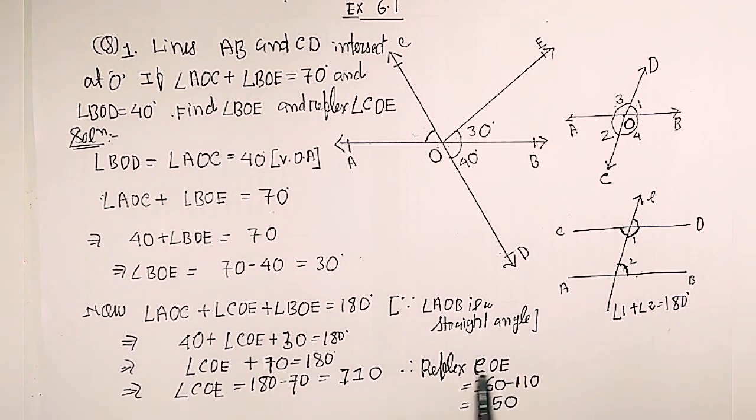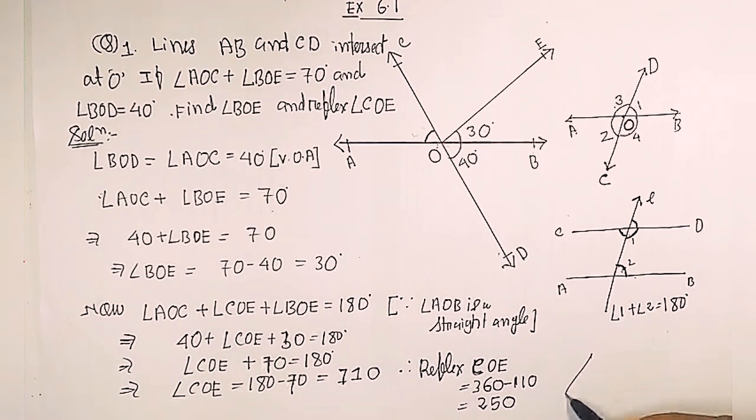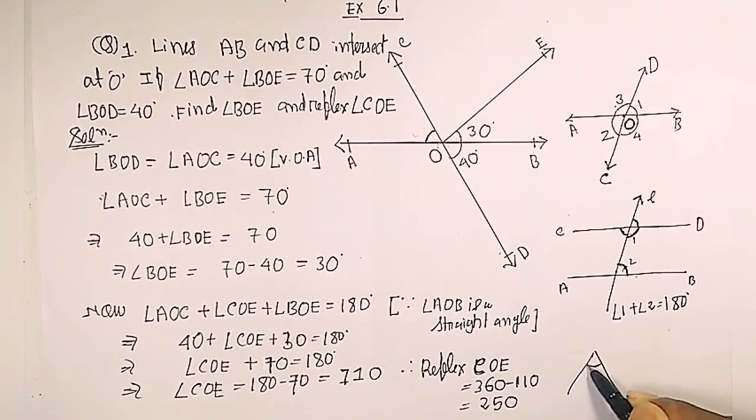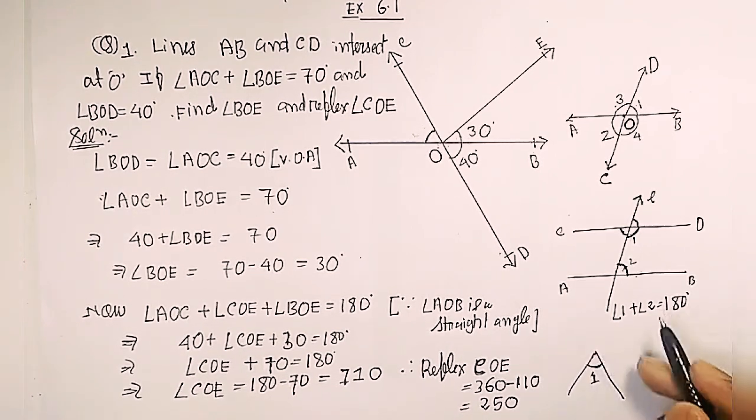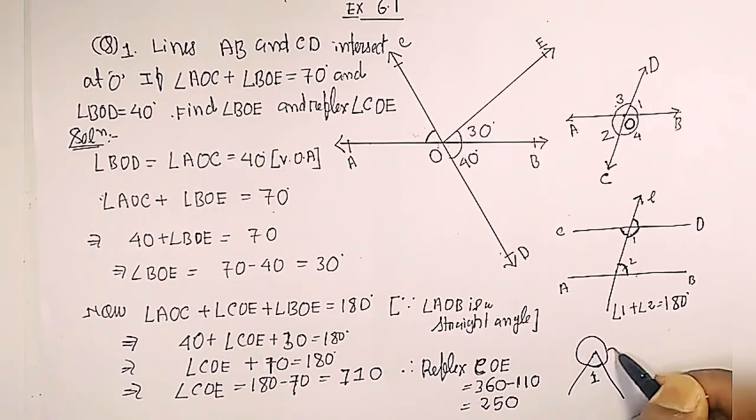Now we have to find reflex COE. So what is the technique to find reflex COE? Simply subtract the angle from 360 degrees. So 360 degrees minus 110 is equal to 250 degrees. To find the reflex of any angle, the concept is to simply subtract the angle from 360 degrees, because if this is angle 1, this is the reflex of 1.